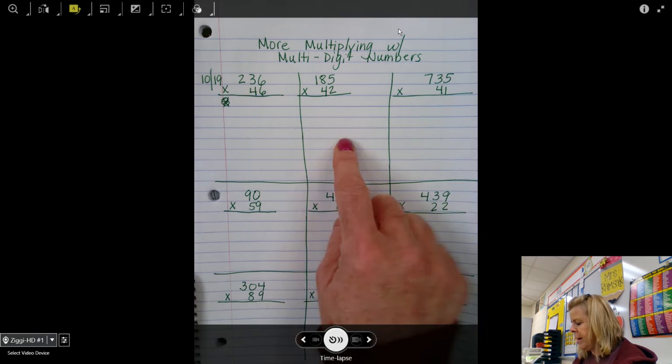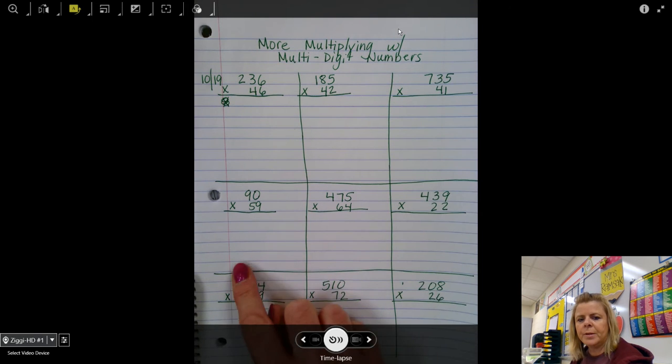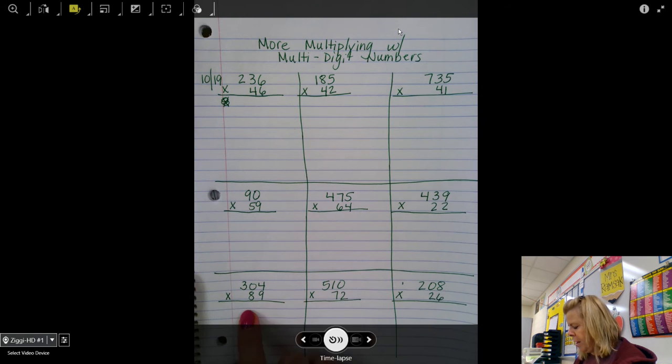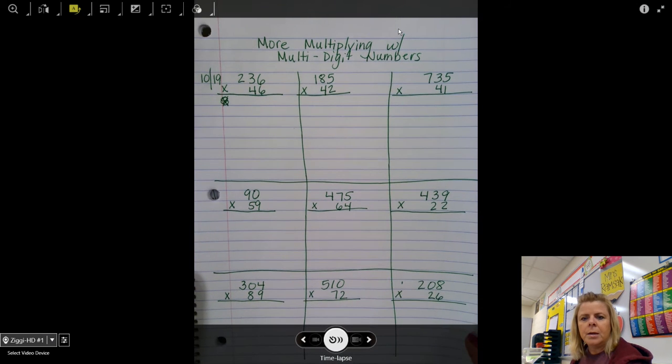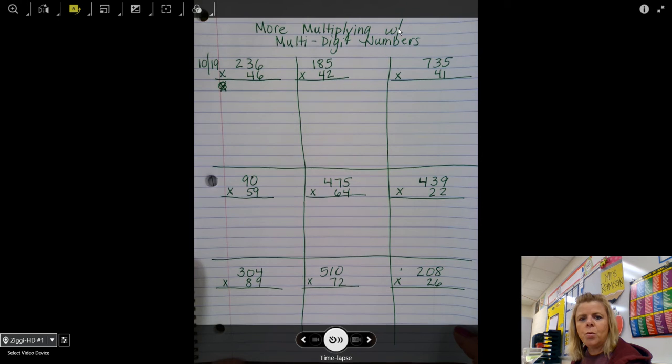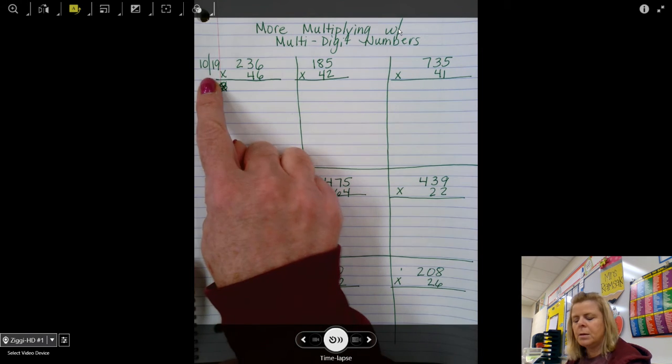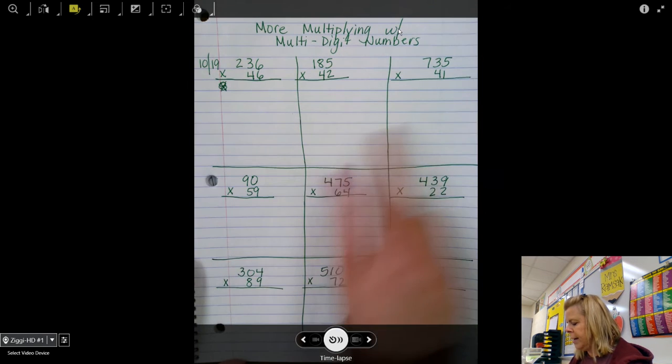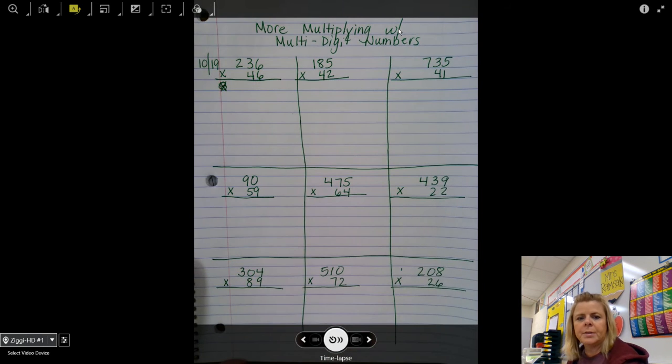This gives my problems the perfect space to solve them nice and neat. If you could hit pause on this screen right here so that you can put the date, add the title, and all 9 of the problems that we're going to solve together. So click pause right now so that you can see the screen and copy everything down.